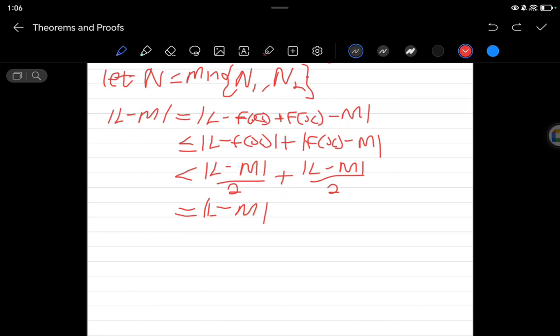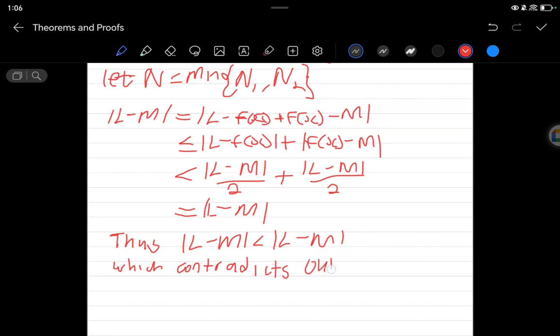So there's a contradiction, which I would then come and say, thus the absolute value of L minus M is less than the absolute value of L minus M, which contradicts our assumption. You see, right? This contradicts our assumption.